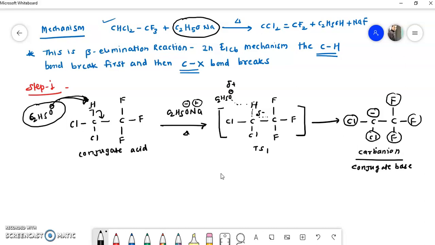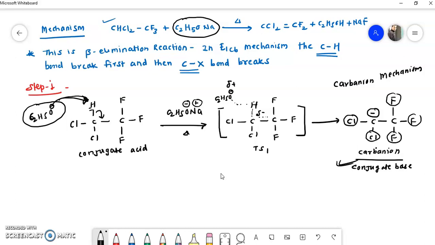Therefore, this is also called the carbanion mechanism. That means this mechanism is also called the carbanion mechanism. Remember, E1CB mechanism and carbanion mechanism are the same terms. However, this step is only an acid-base reaction in which the carbanion is a conjugate base.